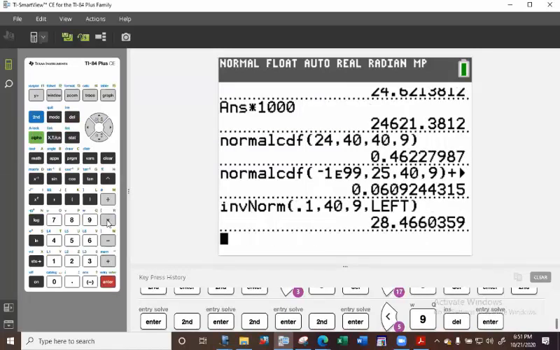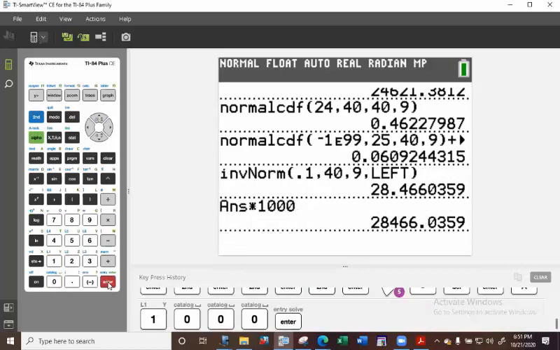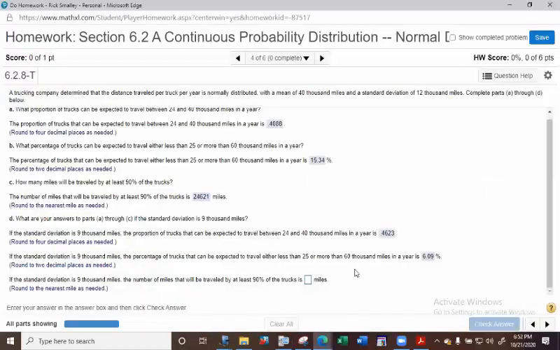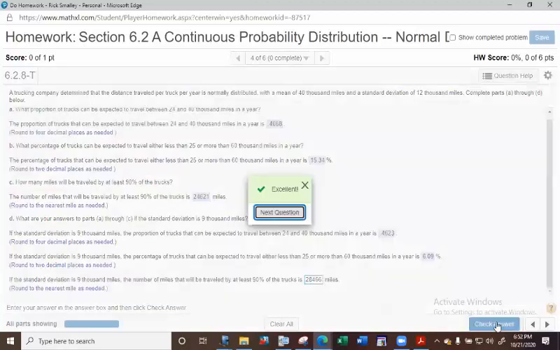And times 1,000, or you can just do it without, you can just move the decimal in your head if you want to. 28466. Ta-da!